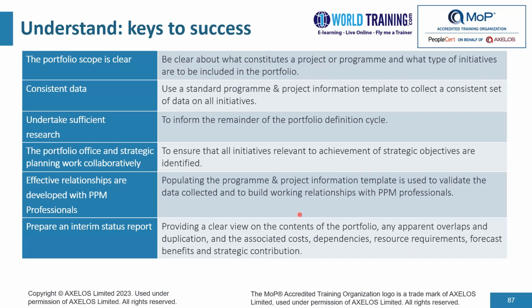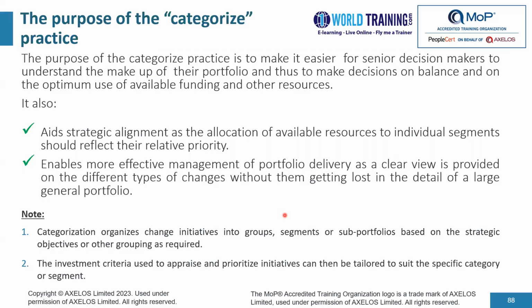Now, after the understand practice, we have the categorize practice, which is the second one in the list. The purpose of the categorize practice is to make it easier for senior decision makers to understand the makeup of their portfolio and thus to make decisions on balance and on the optimum use of available funding and other resources.